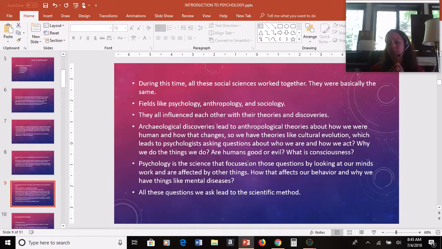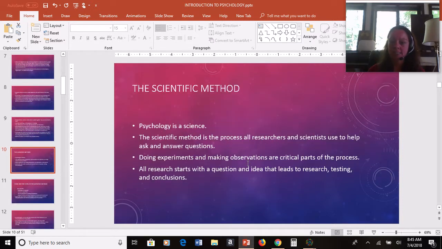And in order for psychology to find a good way to go about answering those questions, that's where the scientific method comes in. You can look at it as a formula of how to go about asking and answering questions.